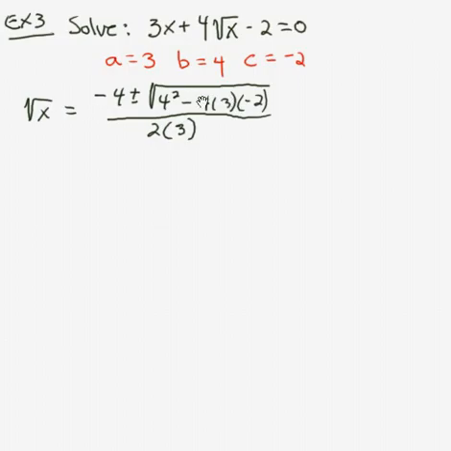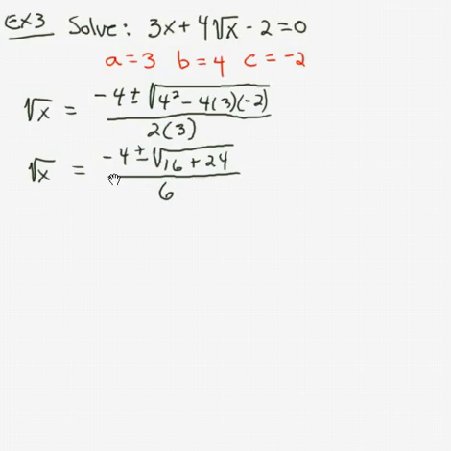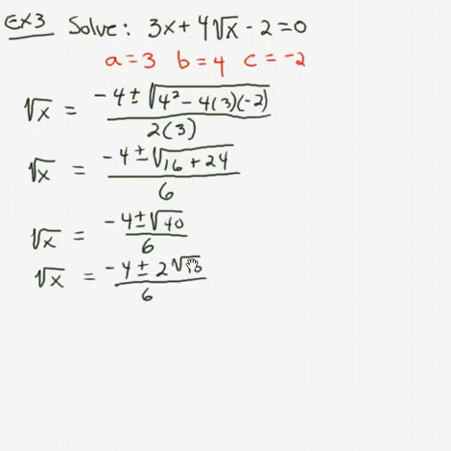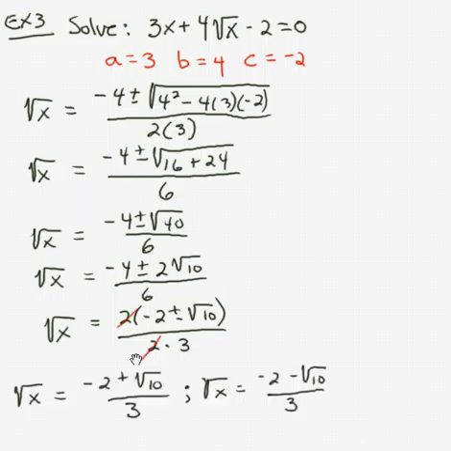All right, let's fill in a, b, and c on the right side of the quadratic formula. Start simplifying that. 4 squared is 16. Negative 4 times 3 times negative 2 is positive 24. 16 and 24 is 40. And simplifying that, that's 2 square roots of 10. But that's not x. And we still have a greatest common factor of 2 in the numerator that we can factor out.